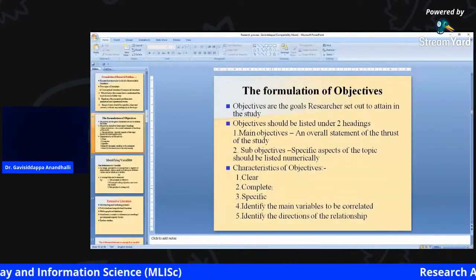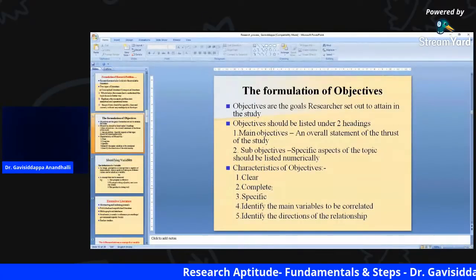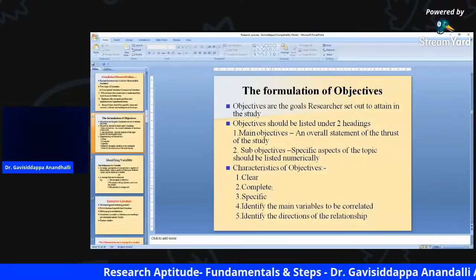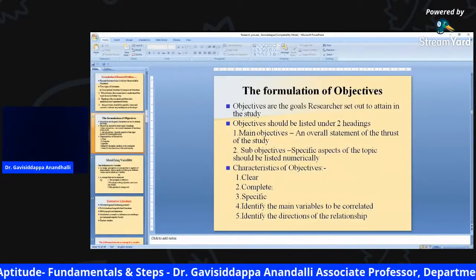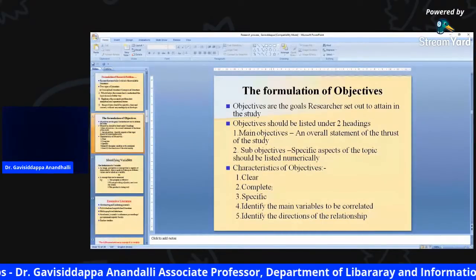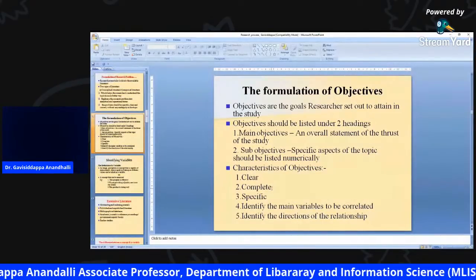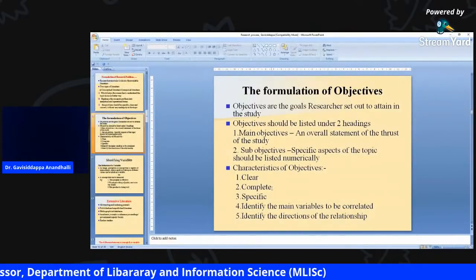Usually they are classified into main objectives and specific objectives. The main objective states things overall, and the specific objectives are explored one by one. Usually the main objective is the assessment of the job satisfaction of high school teachers.